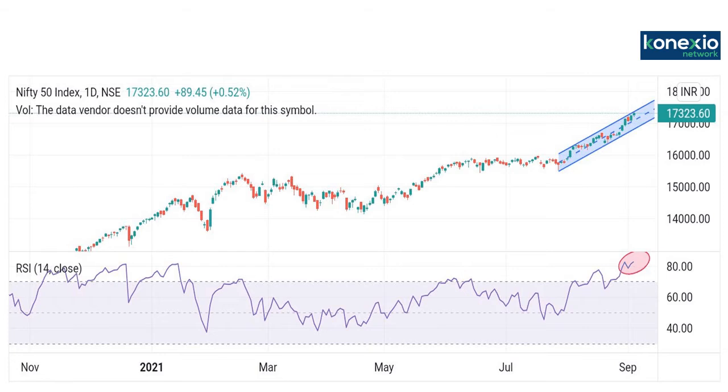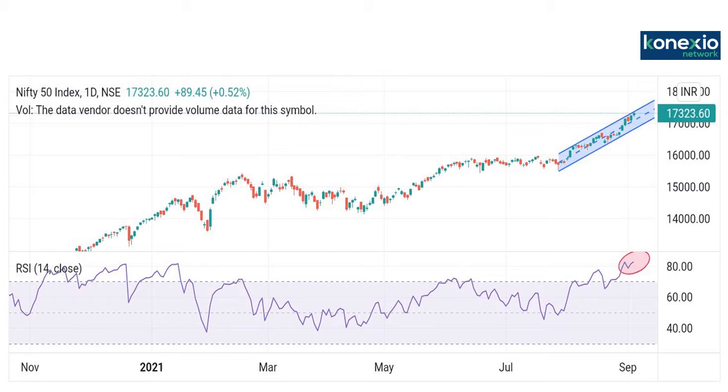RSI coming into overbought territory has proven earlier, in the past, that corrections tend to come in this particular overbought area. So one needs to be highly cautious at these levels.